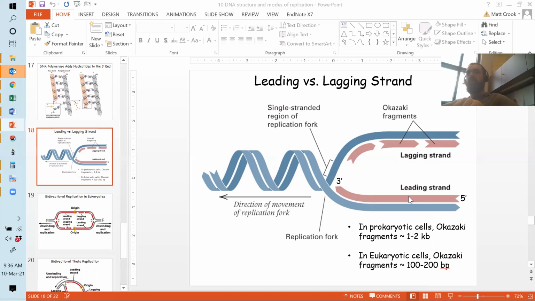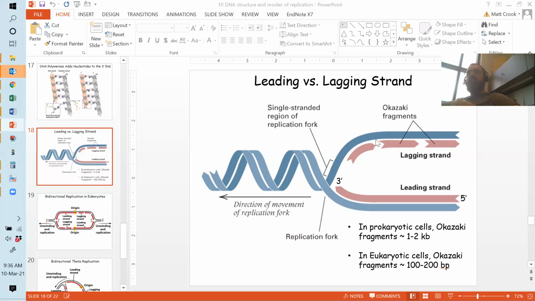So again, we now have a leading strand going in the same direction as the replication fork. Now, the other strand needs to be synthesized in the opposite direction. But these two strands are linked. You can't synthesize one and then the other like you do in rolling circle replication. You have to synthesize both at the same time.